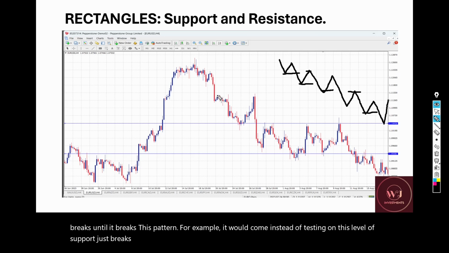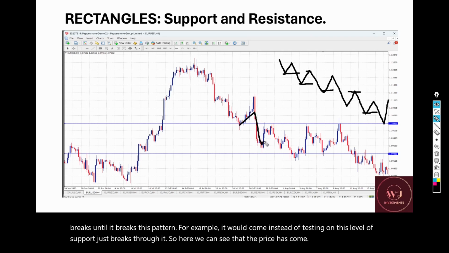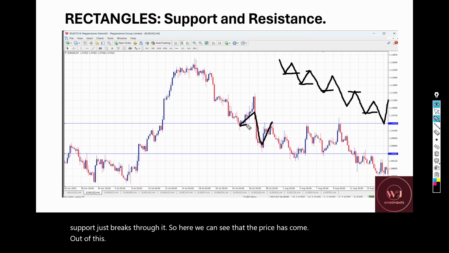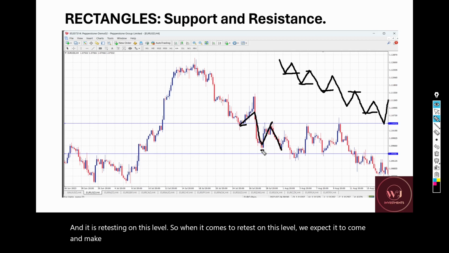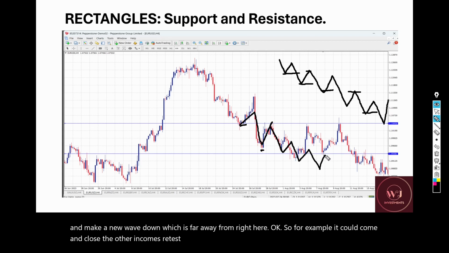Here we can see that the price has come out of this and it is retesting this level. When it retests this level, we expect it to make a new wave down, far away from here. For example, it could close here, then retest, and then continue.